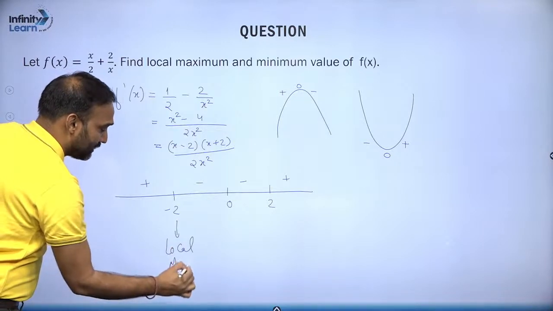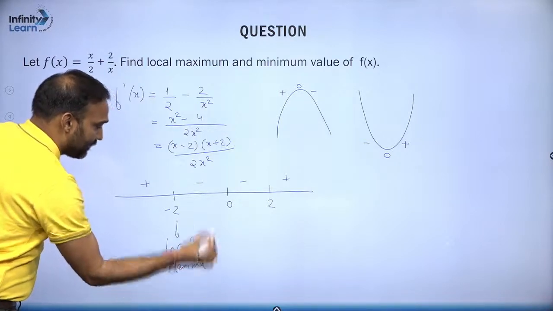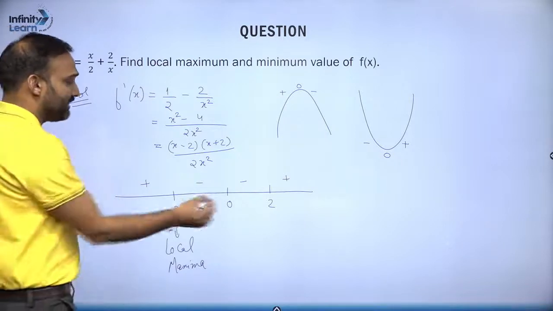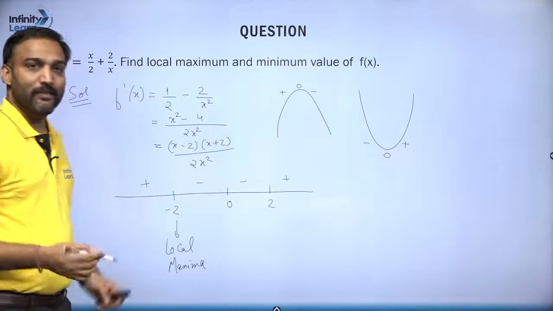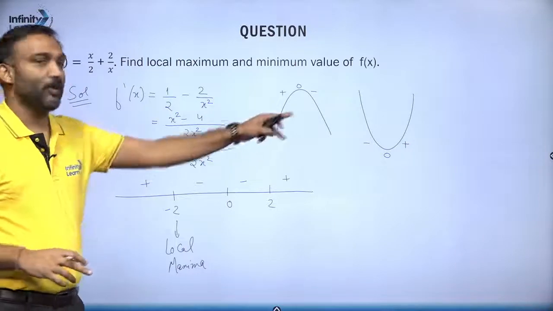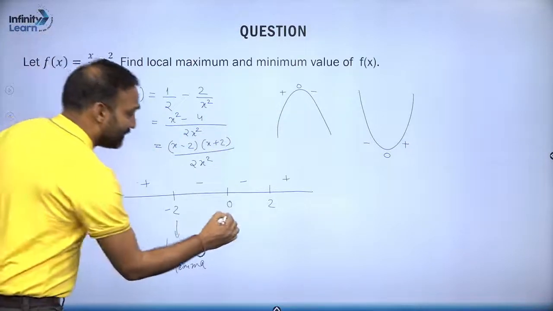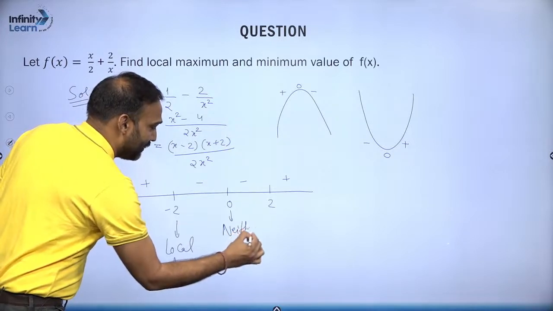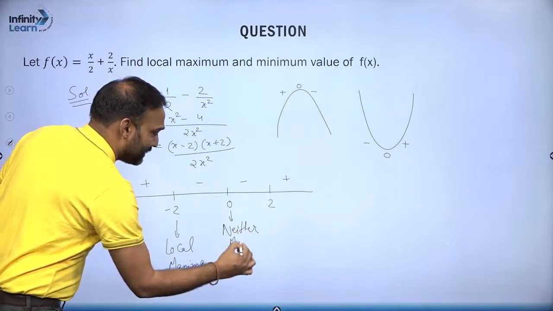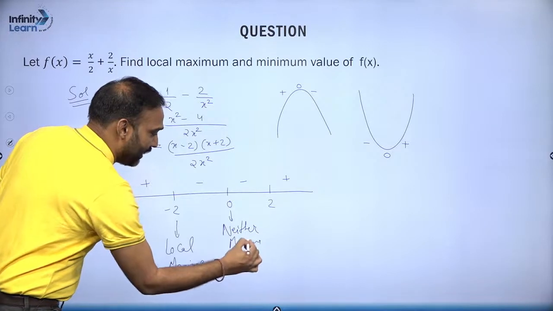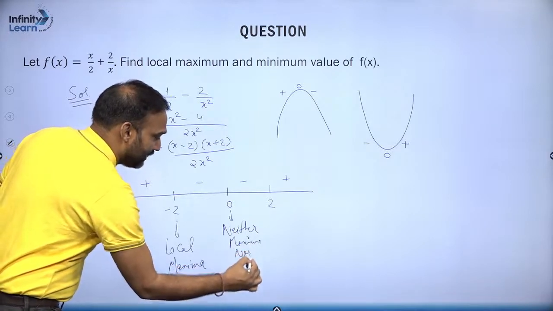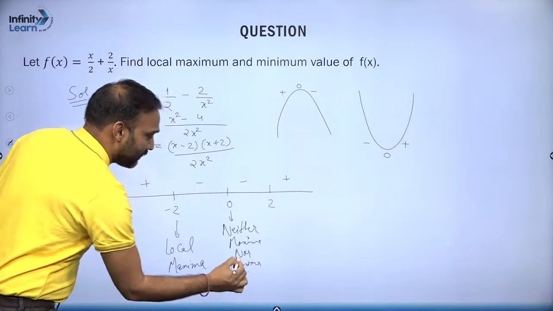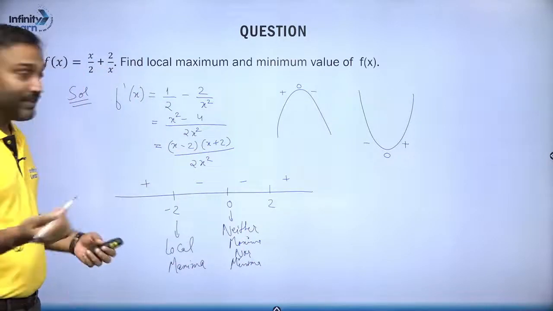So for this function at x is equal to -2, if somebody asks you, you will say there is a local maxima at -2. At 0, it is minus to minus, which is neither of these two cases. So at x is equal to 0, your answer would be it is neither minima nor maxima. As we discussed before, it is not a necessary condition that at every point we should always have a local minima or local maxima. At 0, we have neither of them.